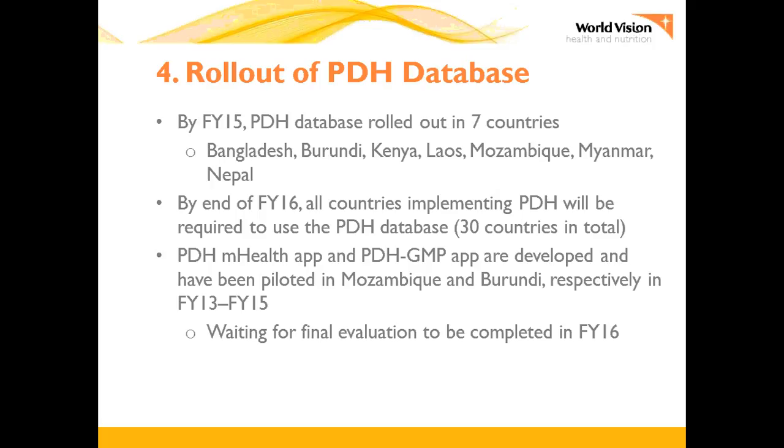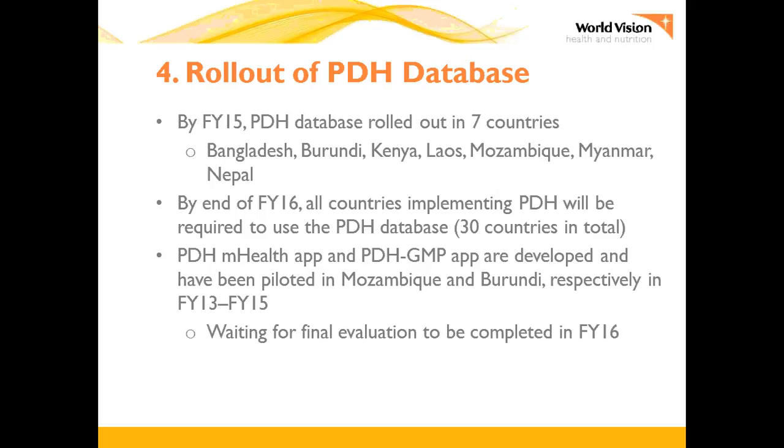So to just go through a little bit about the rollout of the PDRS database, by FY15, the PDRS database was rolled out in 7 countries, including Bangladesh, Burundi, Kenya, Laos, Mozambique, Myanmar, and Nepal. By the end of FY16, all countries implementing PDRS will be required to use the PDRS database, which is 30 countries in total.